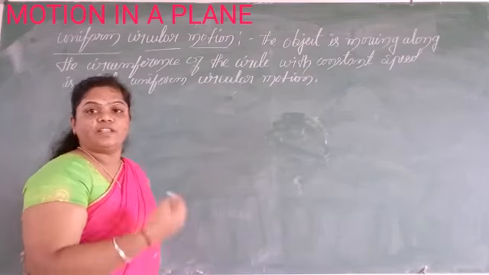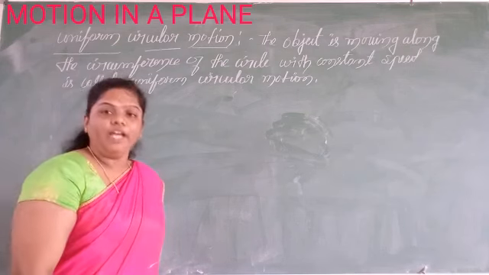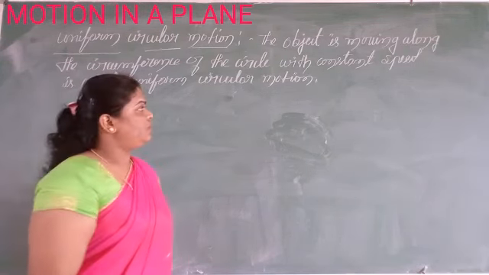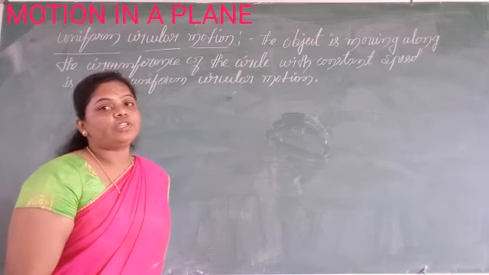So when an object moves along the circumference of the circle, we call it uniform circular motion. It is an example for two-dimensional motion.